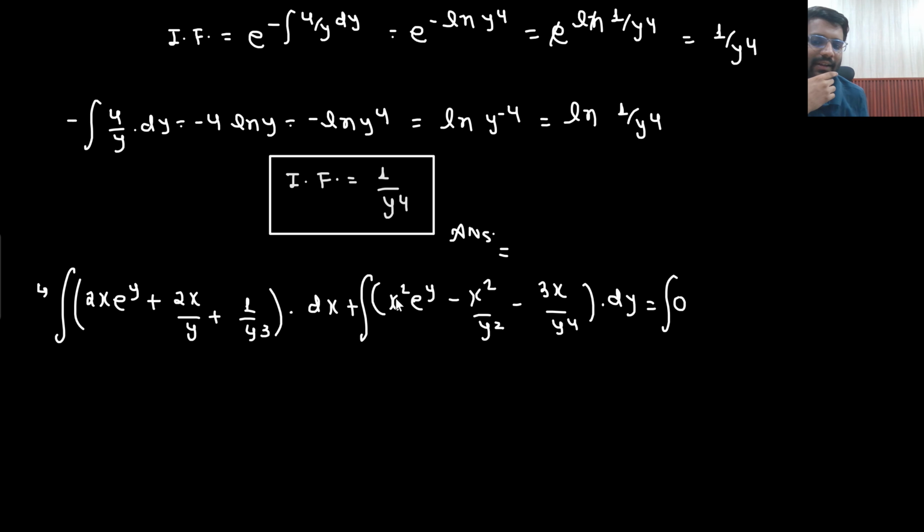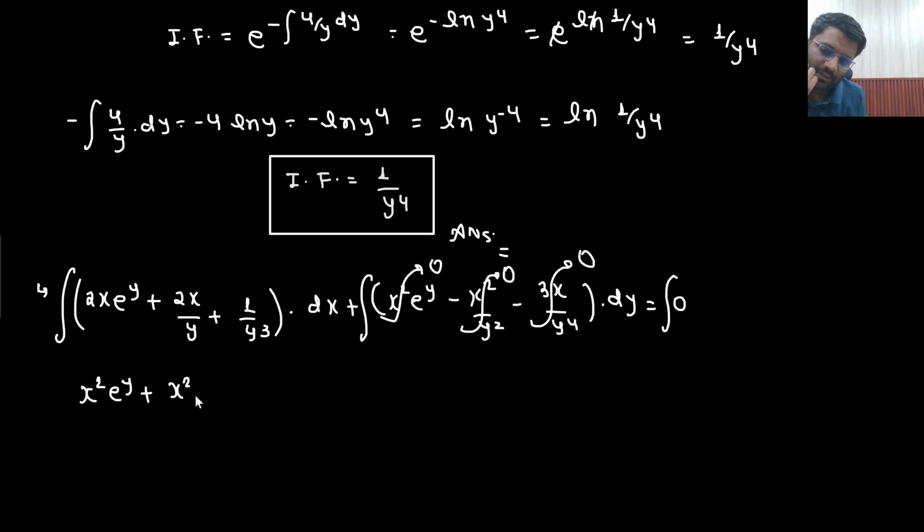What will happen? Whatever terms are related with x, treat them as constant. Function of x will be going to 0, so everything will be 0. This will come out to be constant. What about this thing? Here you need to treat x square e to the power y plus x square by y plus x by y cube.